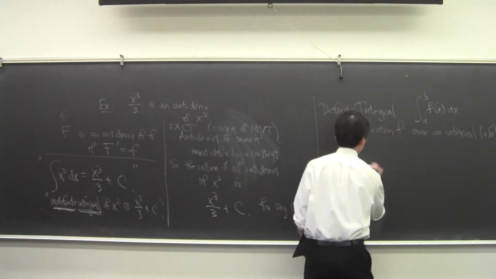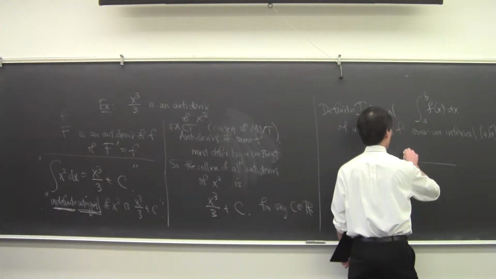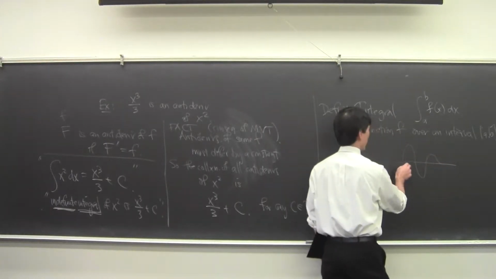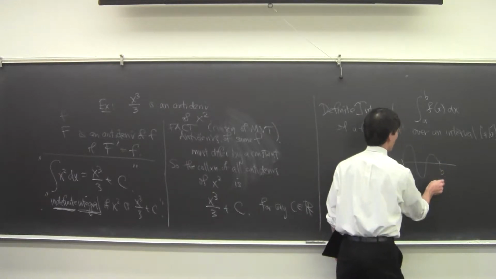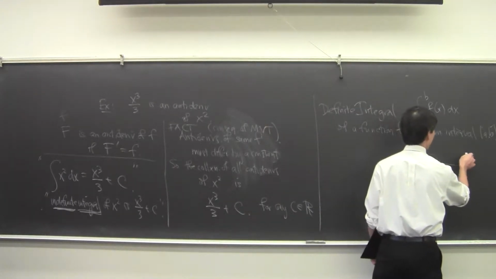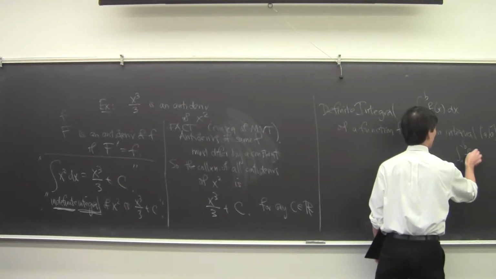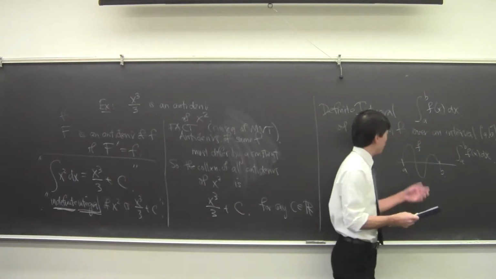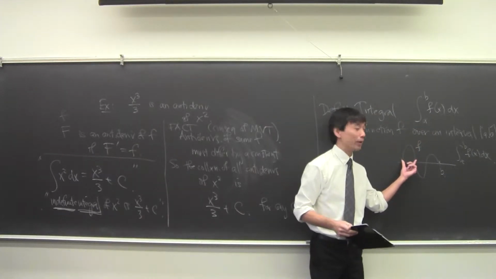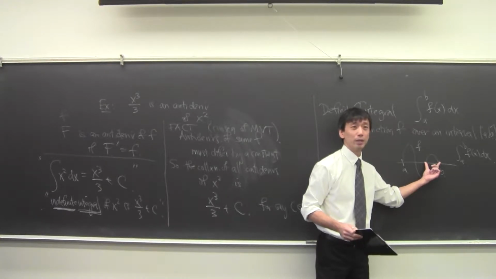So if you have some function that looks like this, and this is A, and this is B, this is the graph of the function f. When we talk about the definite integral, what we mean is that we'll take this positive area and subtract off this negative area and then add on this positive area, right?